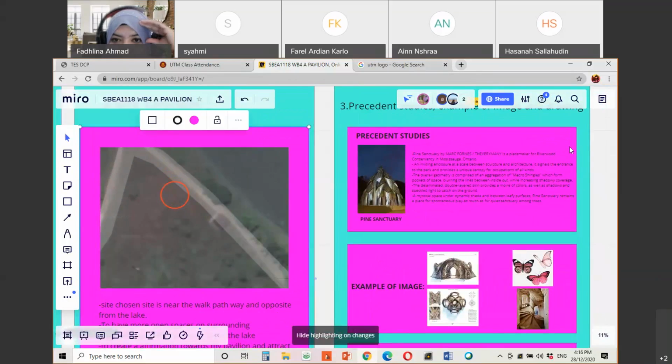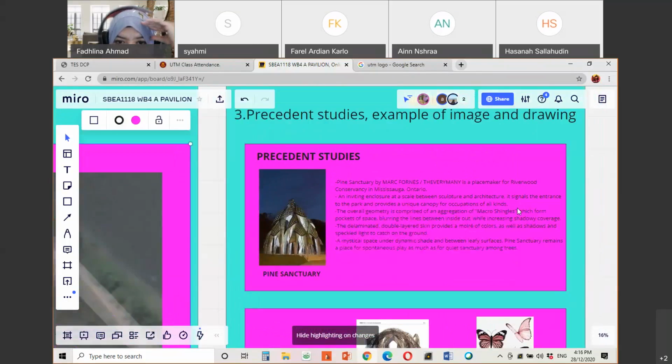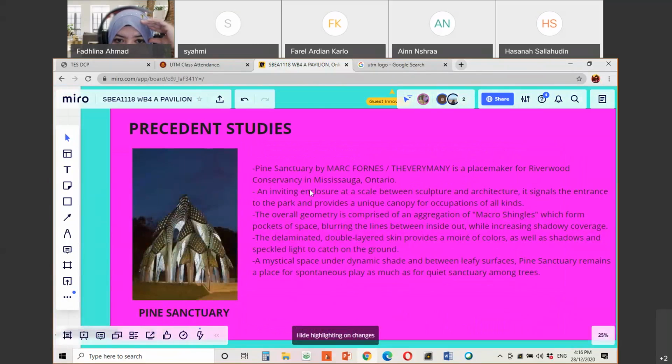For precedent studies, from my study, the one I chose is Fine Sanctuary by Mark Furness at Presidents University in Mississauga, Ontario, Canada. Working at the scale between sculpture and architecture, and the entrance to the park, it provides a unique canopy for occupation of the time.